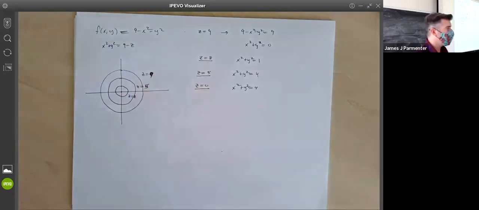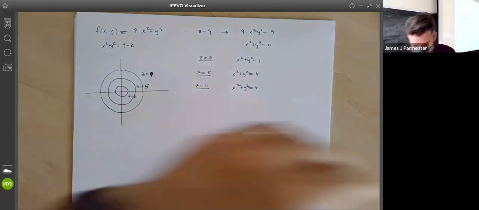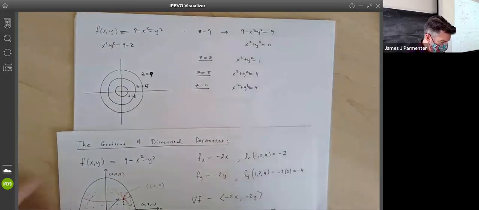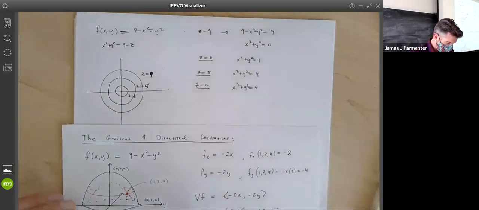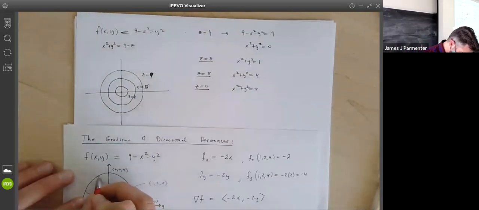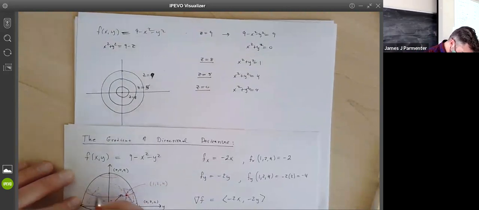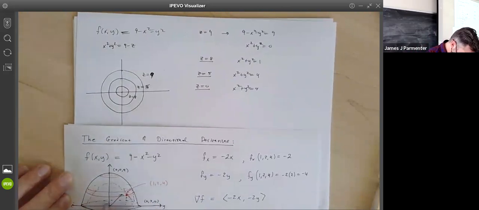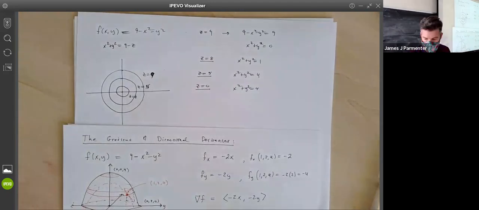So you go further and further out, away from the center, right? You're going down the hill. Here's your level curve when z equals 8. Here's your level curve when z equals 5. Here's your level curve when z equals 0, and so on and so on and so on.